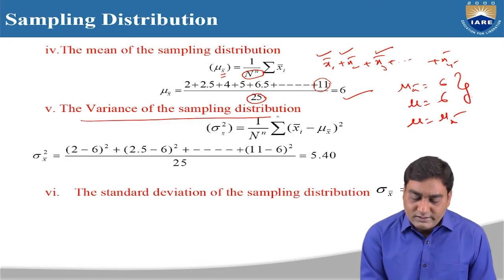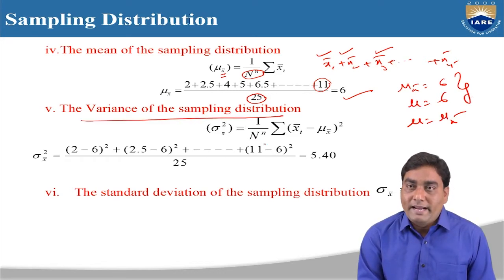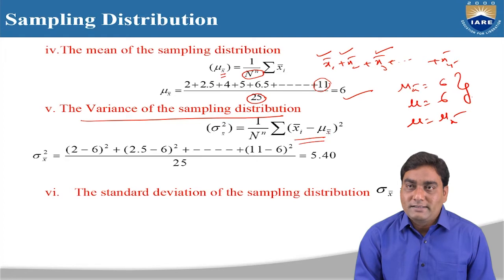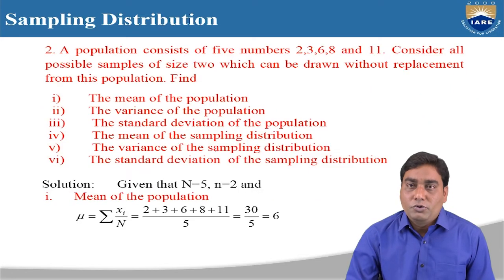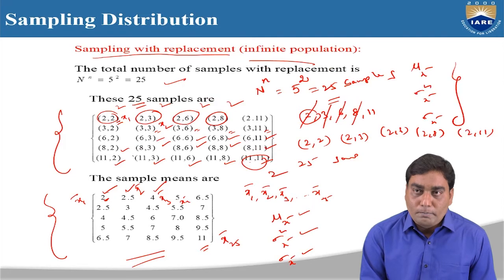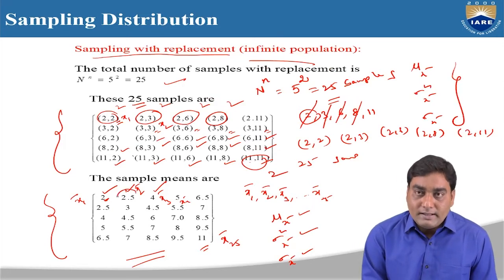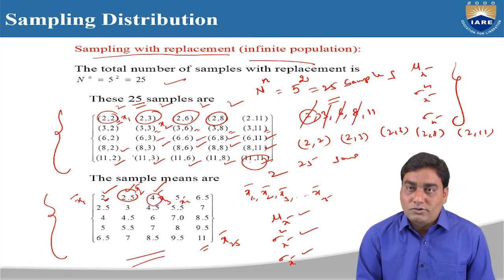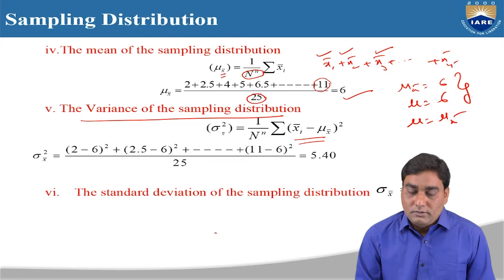Now the variance of the sampling distribution formula: 1 by n power n, sigma of xi bar minus mu x bar whole square. Where xi bar, in the previous slide, is 2 minus 6 whole square plus 2.5 minus 6 whole square plus 4 minus 6 whole square and so on, up to 11 minus 6 whole square, divided by 25.